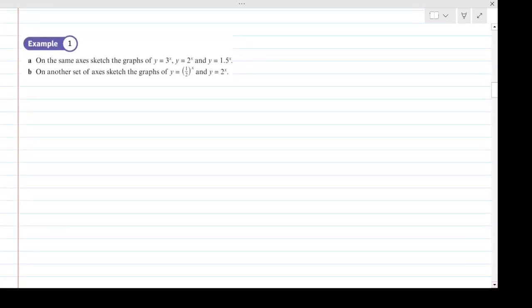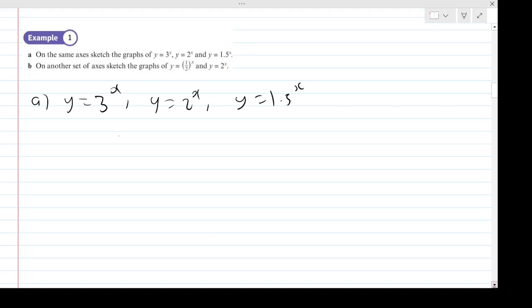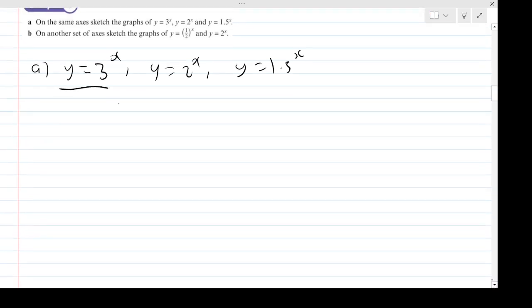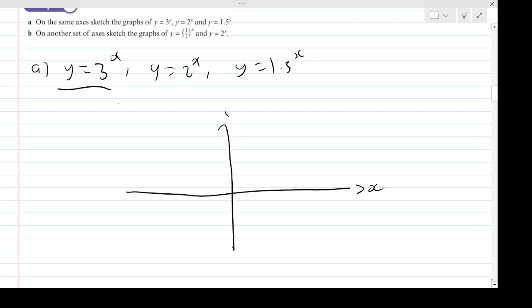So here we need to sketch on the same axis, on the same graph, y is 3 to the x, y is 2 to the x, and y is 1.5 to the x. Okay. Firstly, let's do 3 to the x. Again, a to the x, if a is greater than 1, which they all are, we've got 3, 2 and 1.5 as the base, that's great.